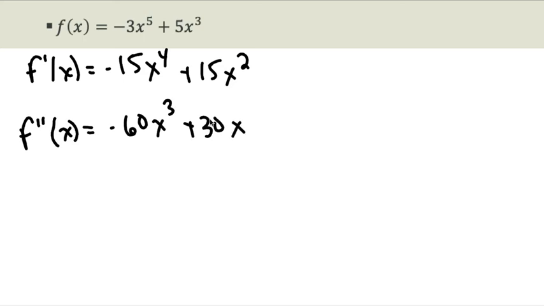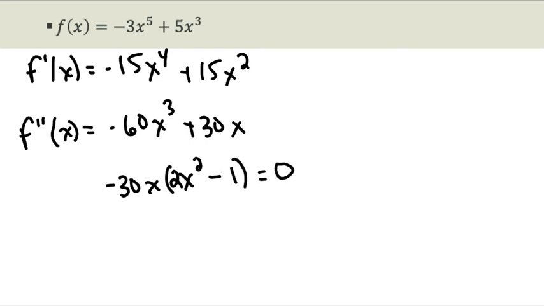All right, so set this equal to 0. I'm going to factor there in my first step, actually. So let's take out a negative 30x, and then we're left with 2x squared minus 1.